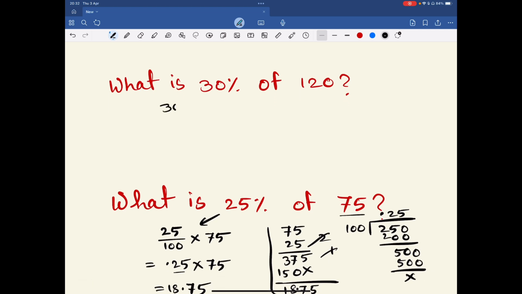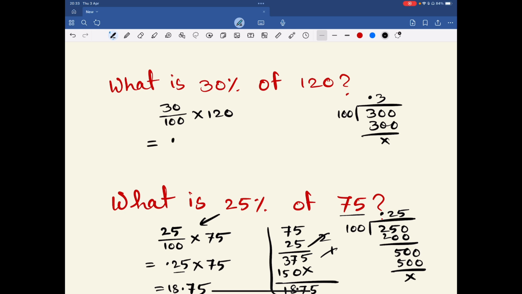And the last one is a very easy one. 30% of 120. So 30% means 30 out of 100, and times 120 because we have to find 30% of 120. So same thing, 30 divided by 100. Put a decimal there, put a 0 there, and 3 times 100 is 300 there.